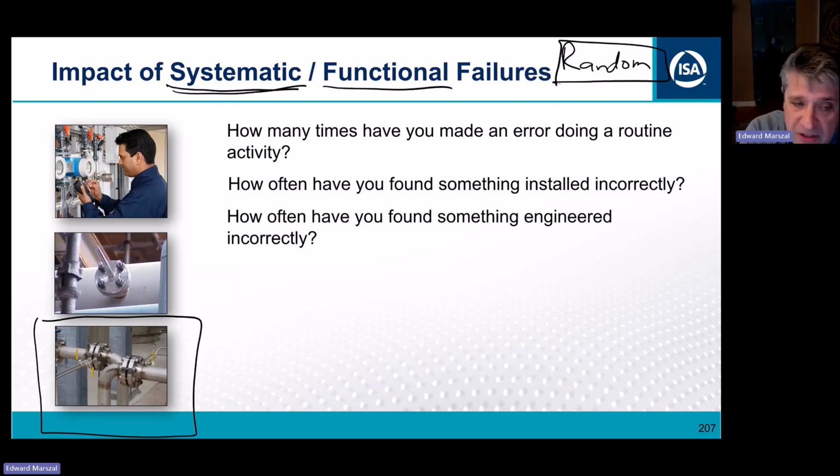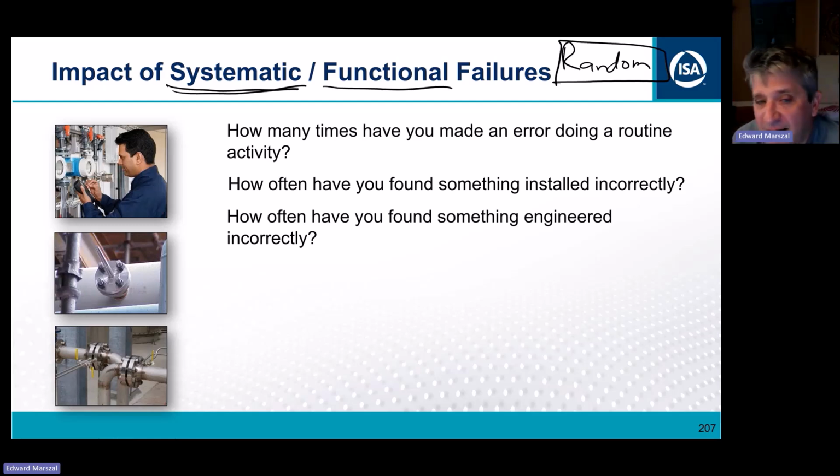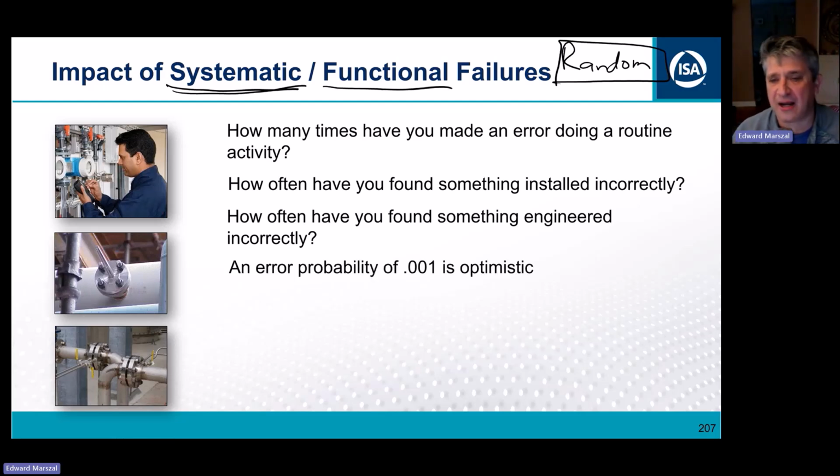Back when I was at UOP, this would not get through because I know that this is something I would check on my installation drawings. But hey, not everybody is the highest quality engineer. So there are mistakes that you make just doing routine activities, mistakes in installation, mistakes in design.